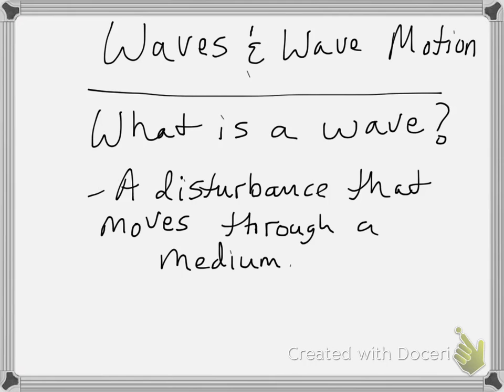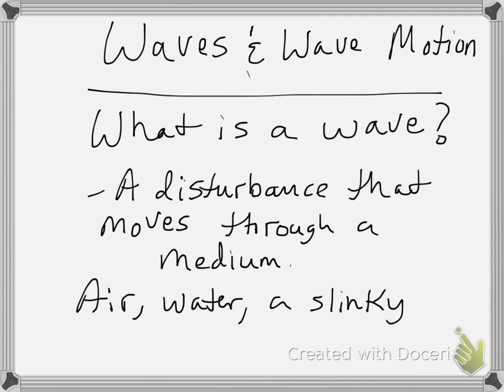And that medium can be things like air, water, a slinky, or anything like that. Alright, so a wave is just anything that moves through a medium and creates some disturbance. Alright, so that is the definition of a wave.